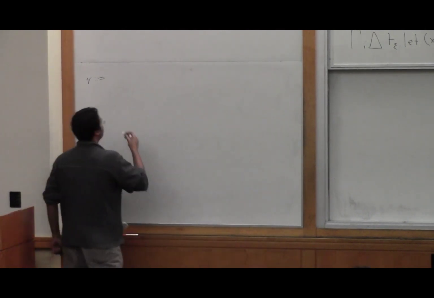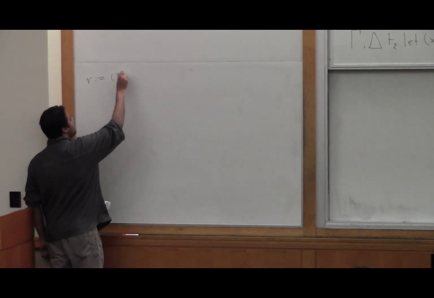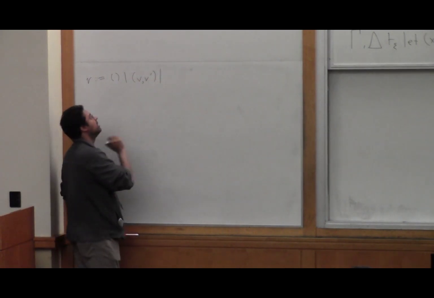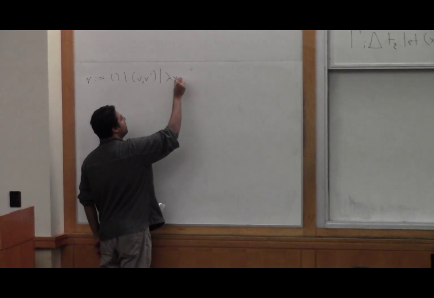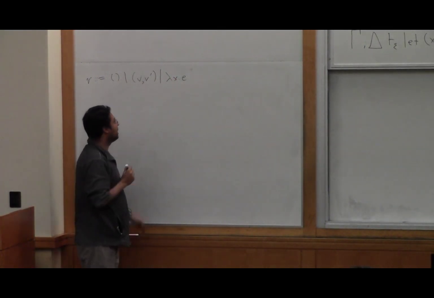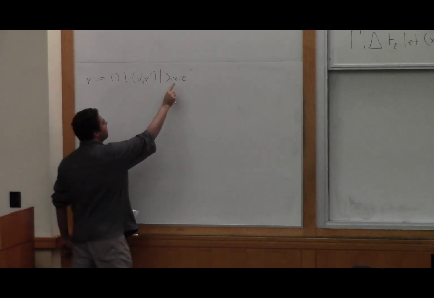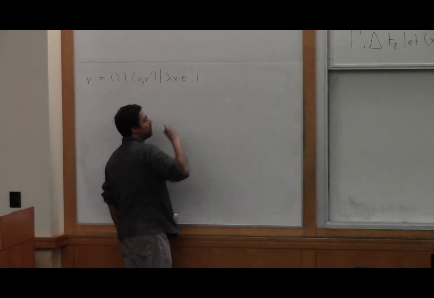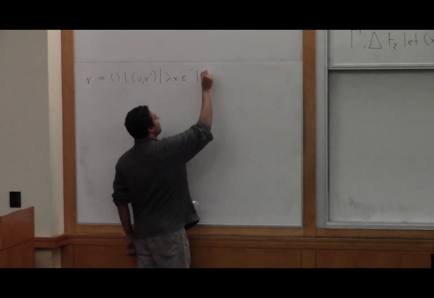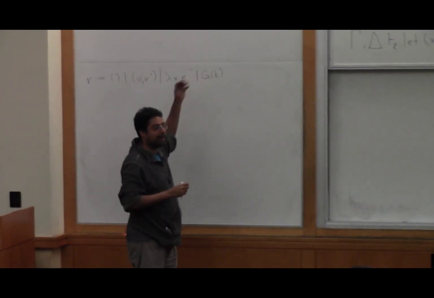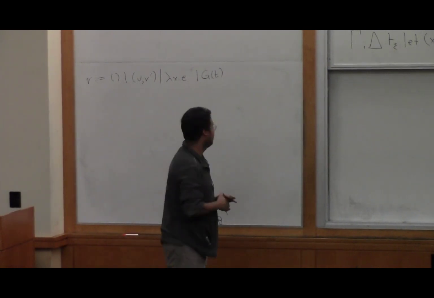Values can be unit, they can be pairs of values, they can be functions. So this is unit, pair, implication. Oh yes, we'll need our G's. So we'll say G of T is a value. So this is a suspended linear computation.